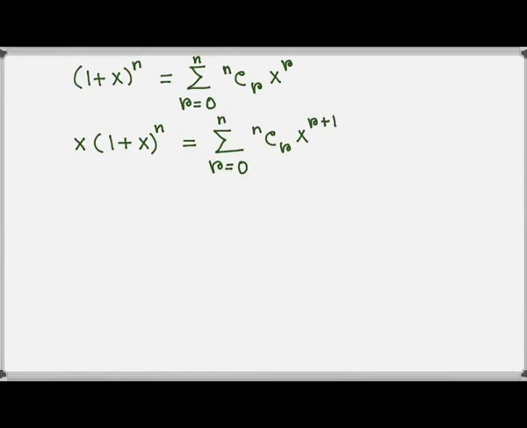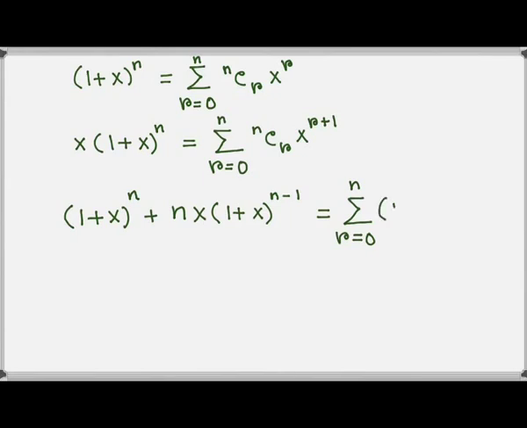Note that this is a polynomial identity, so we can take its derivative. By taking the derivative, we get (1 plus x) to the power n plus n into x into (1 plus x) to the power n minus 1 is equal to the sum from r equals 0 up to n, (r plus 1) into nCr into x to the power r.